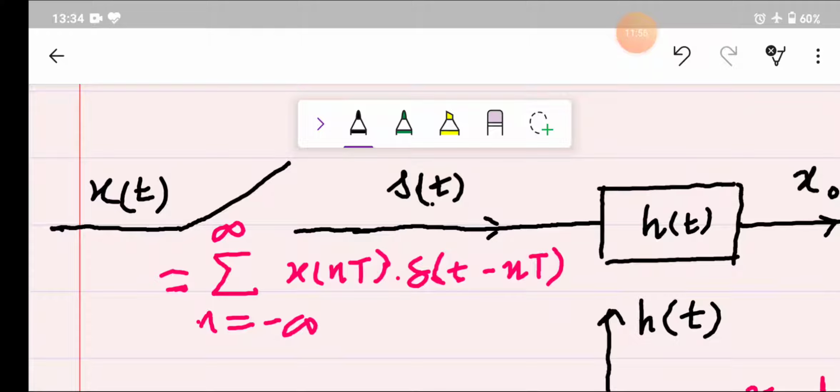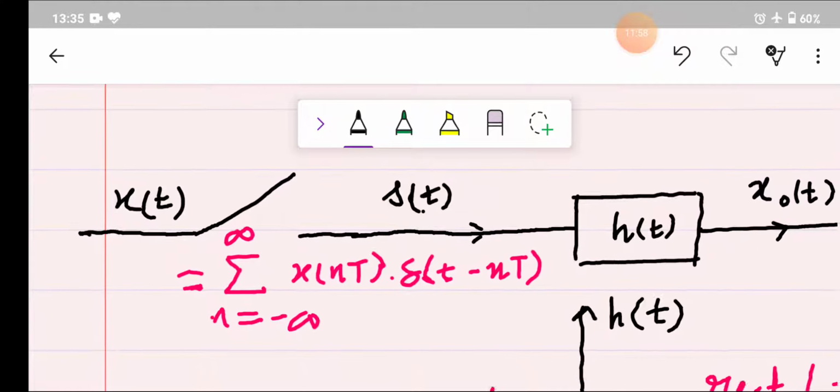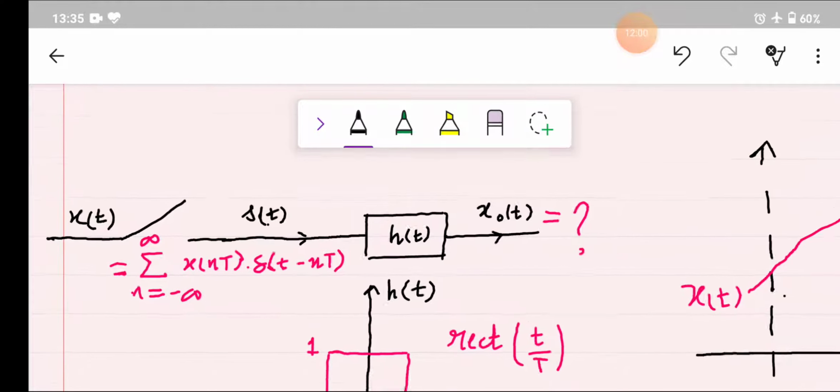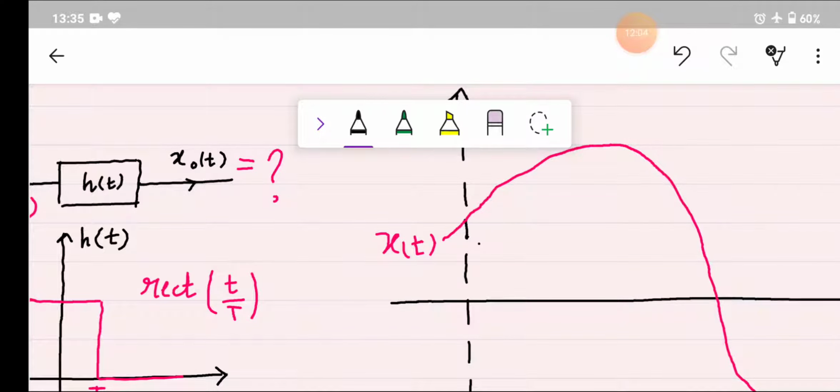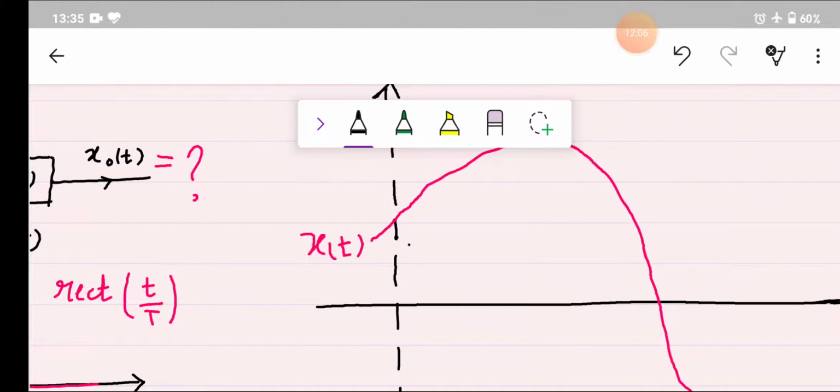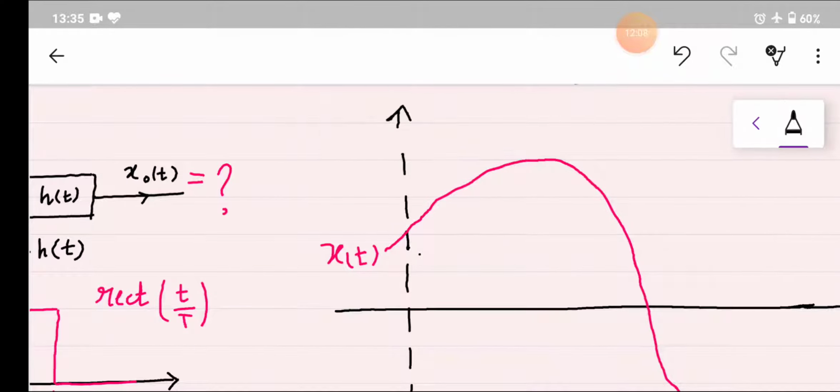After xt is passed through the sampler, we obtain st. So the sampled waveform will look like an impulse train with height equal to x of nt. Whatever the value of n, it will give the value of the corresponding xt.